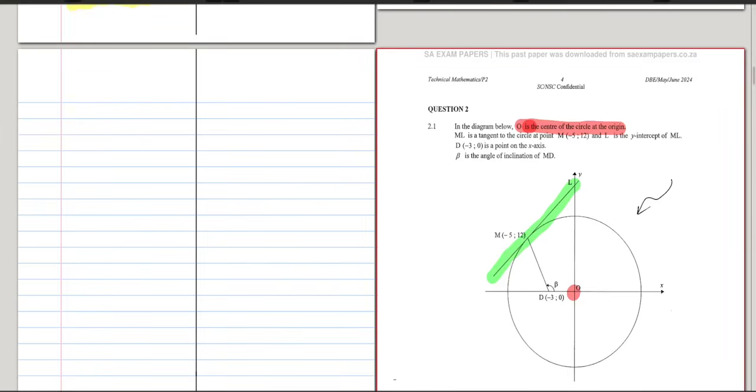L is the y-intercept of ML, D is a point on the x-axis, and B is an angle of inclination. Another important part of the question.